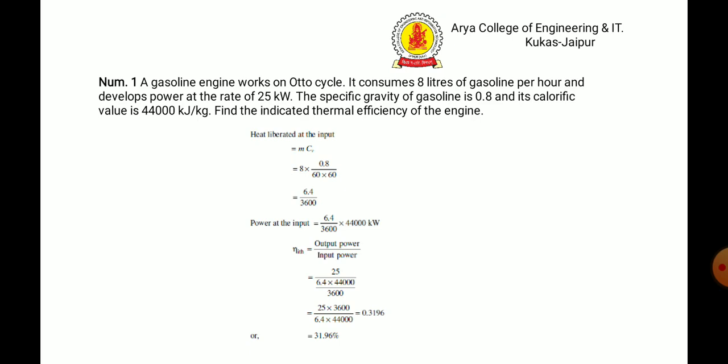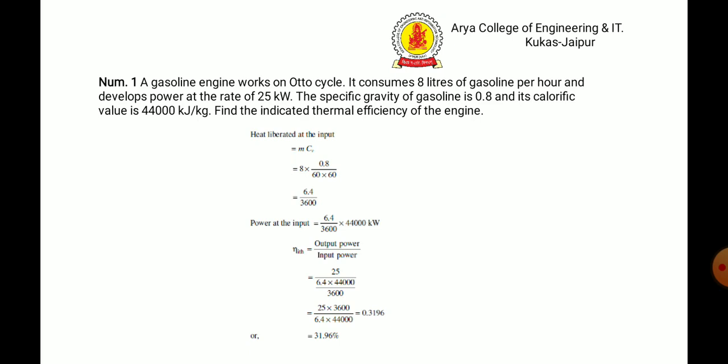So for this indicated thermal efficiency, we can first find the heat supplied or heat input, which is equal to MF into CV, the product of mass of fuel and calorific value. So 8 into 0.8 upon 60 into 60.